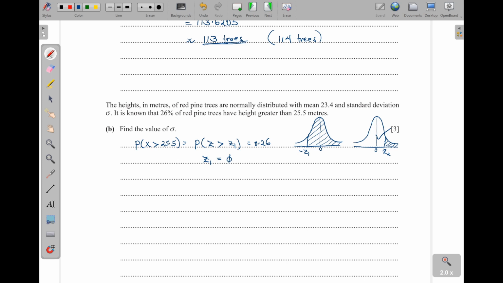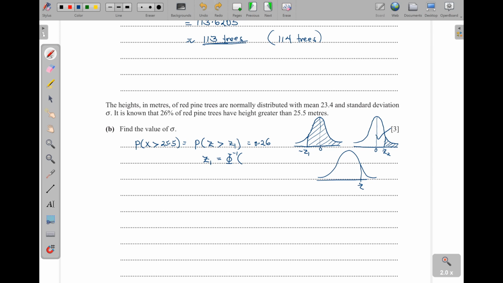And then we get the phi inverse of this 0.26. So which Z value is giving us the probability as 0.26? So I'll go to the normal distribution table, and look out for that 0.26. But you realize that the table they give you is for the less than sketch, where the whole of this one is way bigger than 0.5. So that means you cannot get probabilities which are below 0.5.